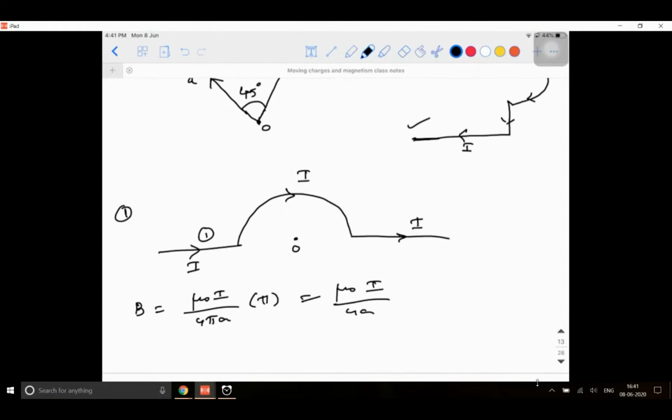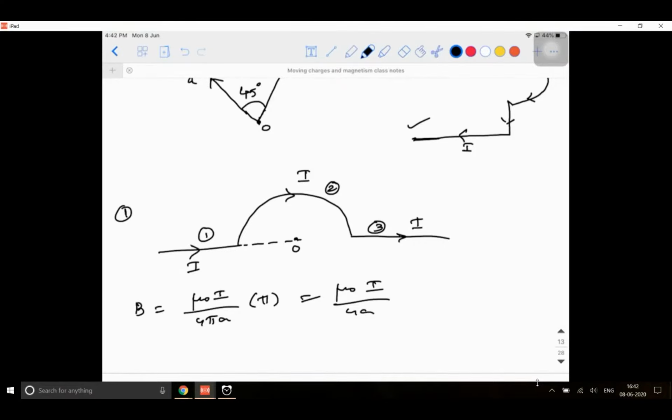That's right. So this is a three conductor system. The first conductor is a straight conductor, the second is a semicircular conductor, and the third is again a straight conductor. Whenever the conductor is passing through the point where you're trying to calculate the field, the distance is going to be 0, or you can say the angle made is 0.